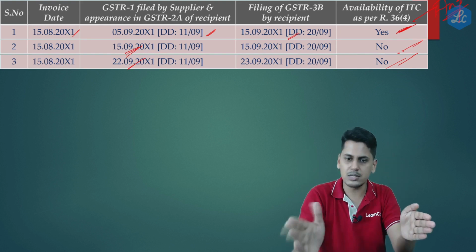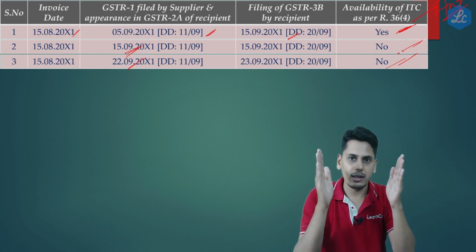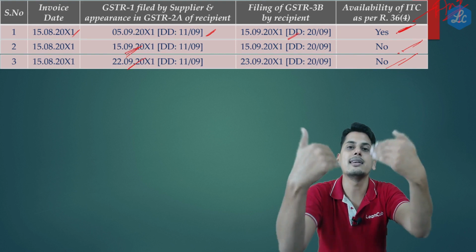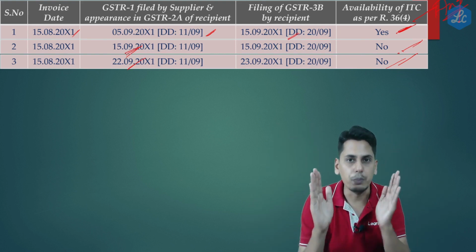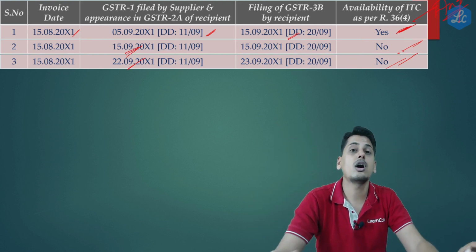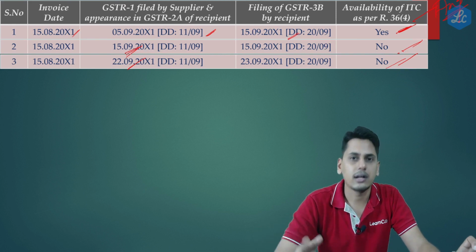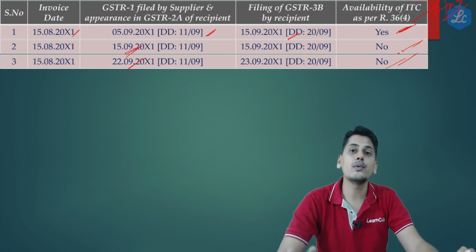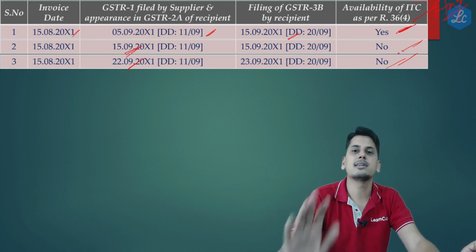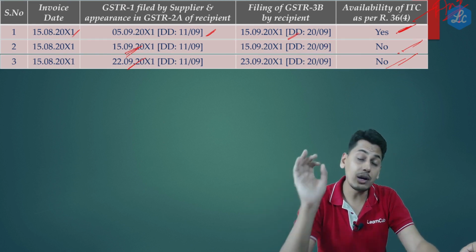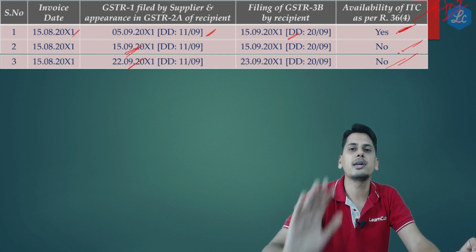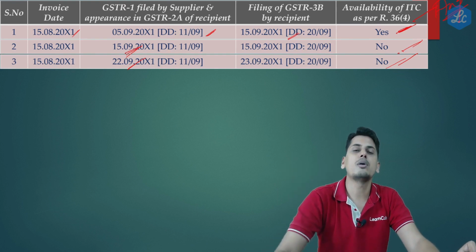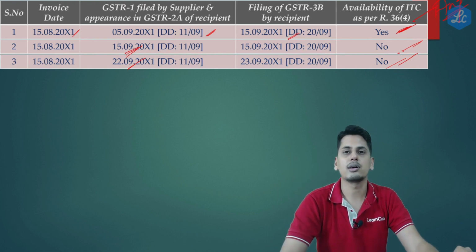The suppliers who have furnished the details in GSTR-1 will reflect in GSTR-2B. So for the purpose of 36 sub rule 4, the equation now stands as 105% of eligible credits appearing in GSTR-2B, subject to a maximum of eligible book credits.